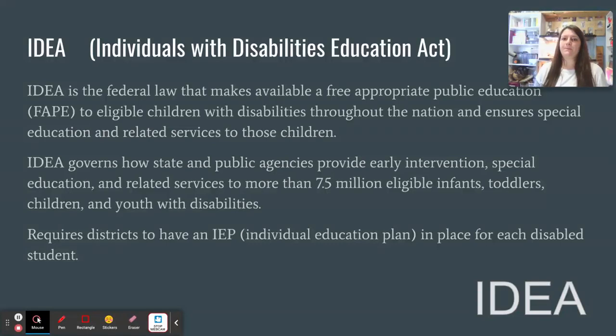We'll talk about what a related service is, and that the children can have access to. We should note too that under IDEA, an IEP is required, an individualized education plan or program. These are specific to each child, so it's not a general thing.